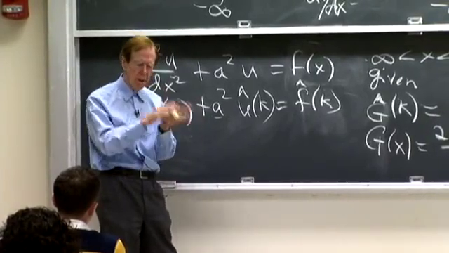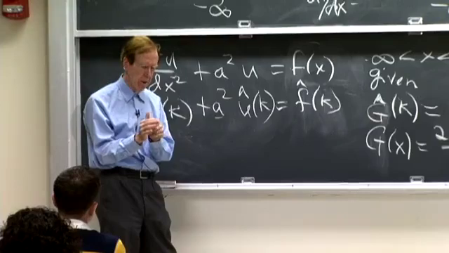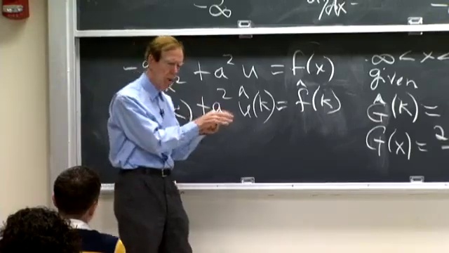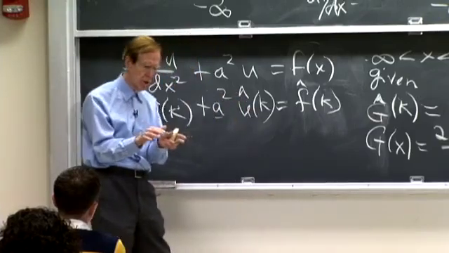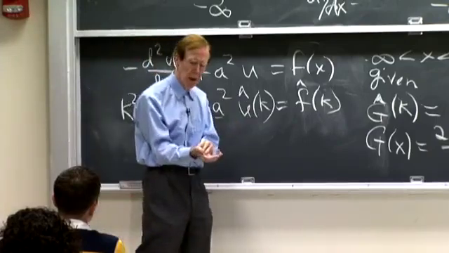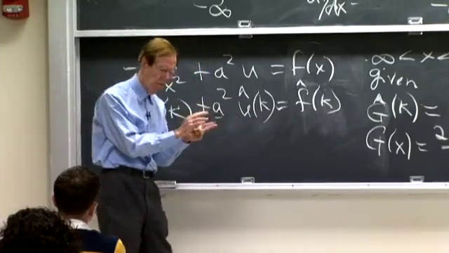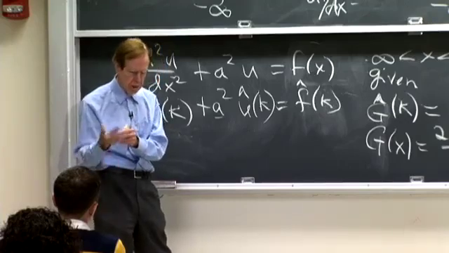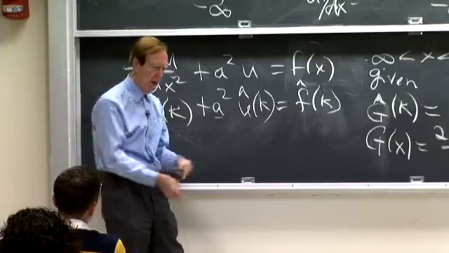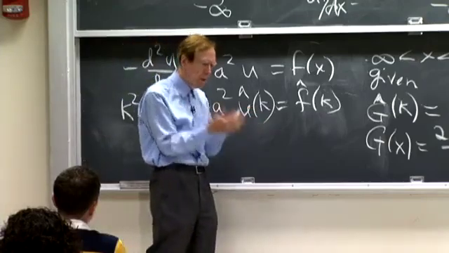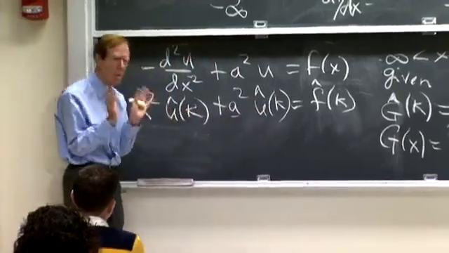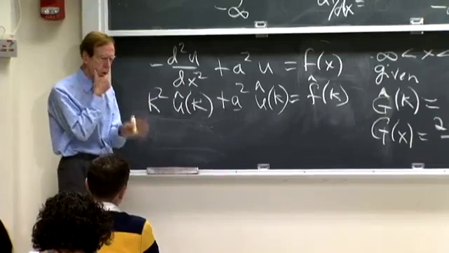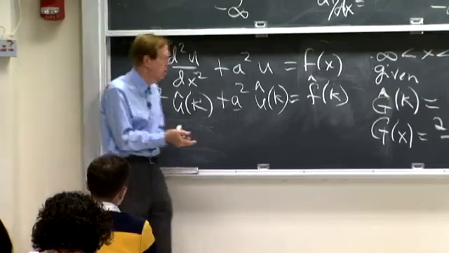If f of x is a combination of deltas, then our answer u of x is the same combination of the Green's function. This is just linearity, superposition, whatever short or long word you like to use.